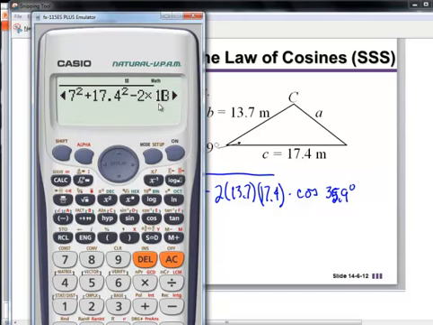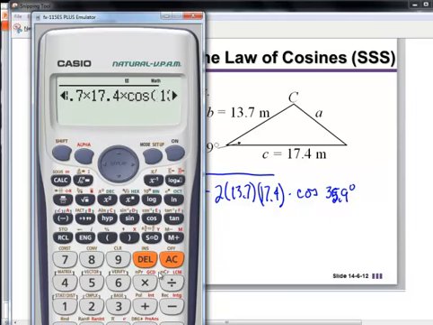Oh, I see. Times 13.7 times 17.4. It didn't have these numbers underneath the square root, and they should be.